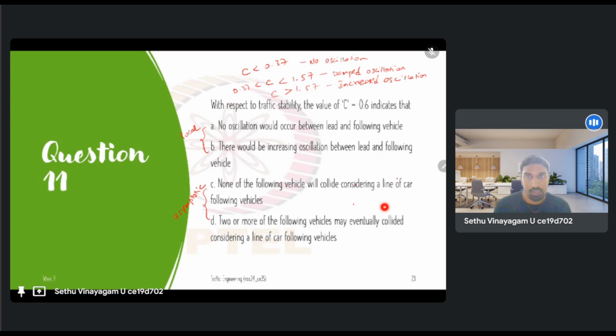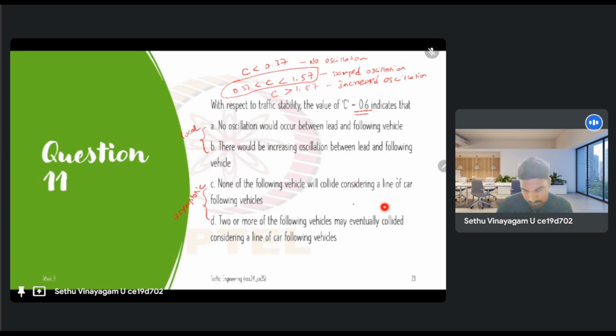So those are the three regions of traffic stability when we are considering local stability. Here a value of 0.6 means that it is in the damped oscillation state, between 0.37 and 1.57. So the oscillations will be present, but they will not increase with time.